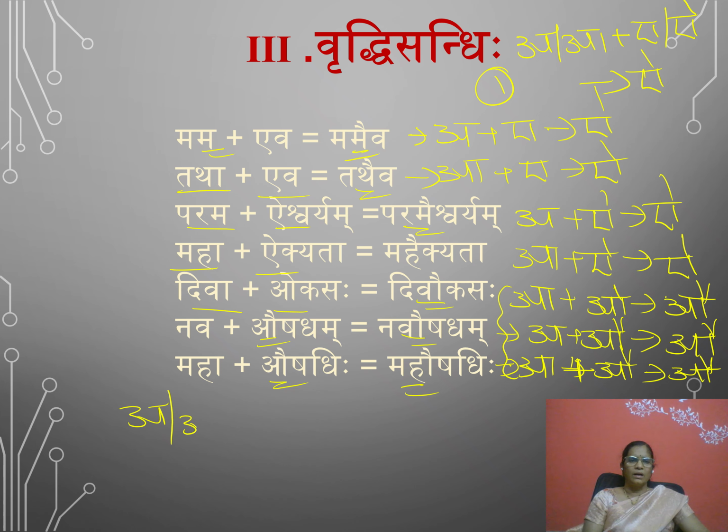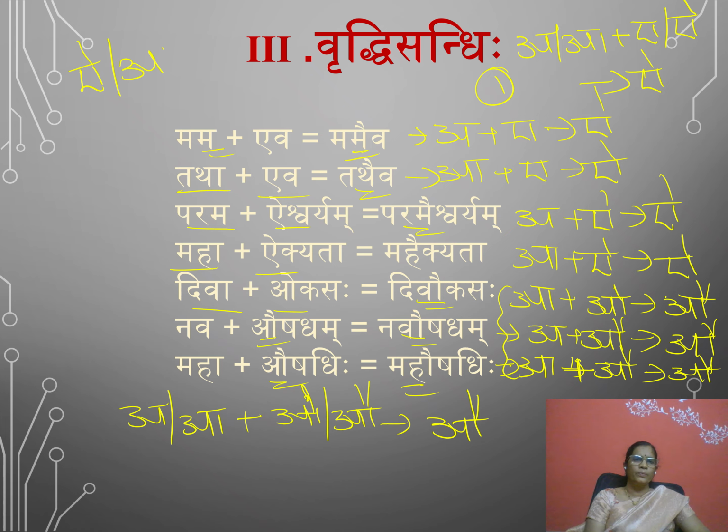A or a, first word if it ends with any one of these letters, second word if it starts with o or au, then we will get au. Okay. Like Guna Sandhi has a, o, ar as Gunas, in Vriddhi Sandhi I, au, ar, these are called Vriddhi. These are named as Vriddhi. So whenever we are adding these, we are getting a and au only in these examples.